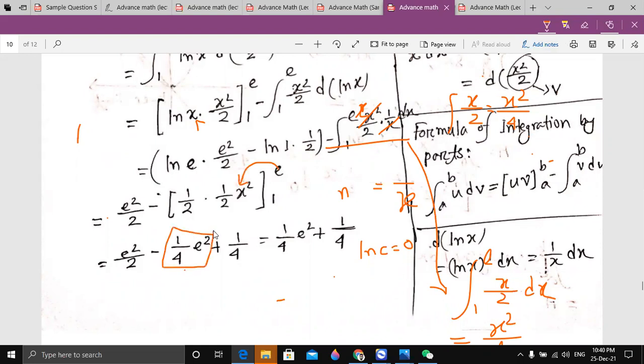Okay, we substitute e here. And then if we substitute minus, then minus, but why is it plus? It should be minus. x square ln x.